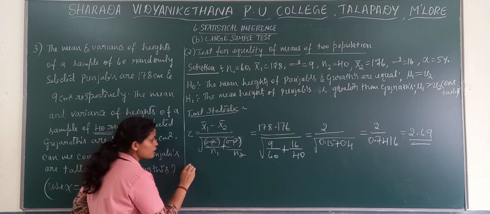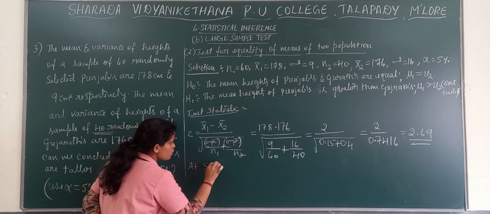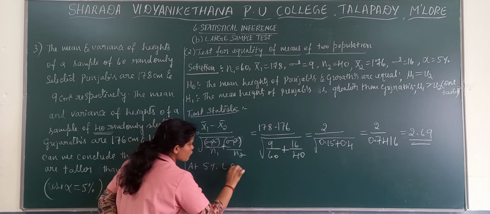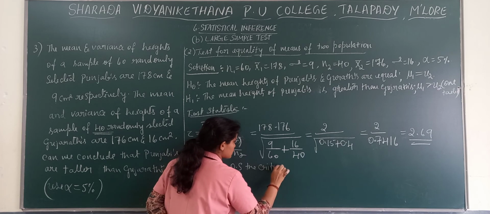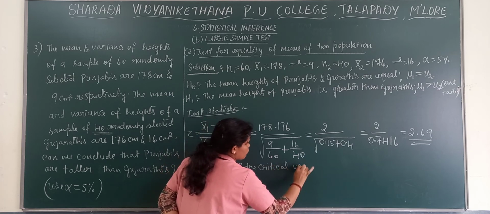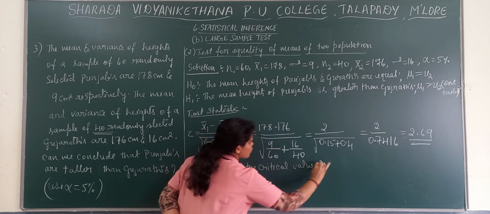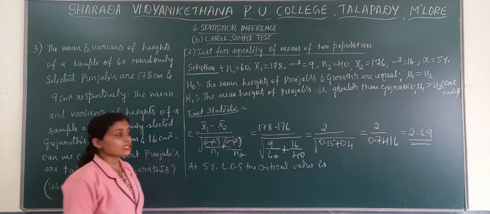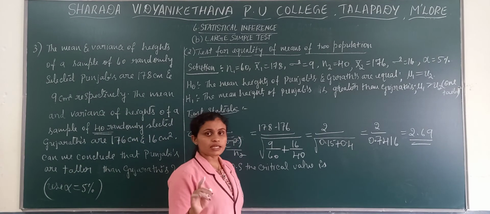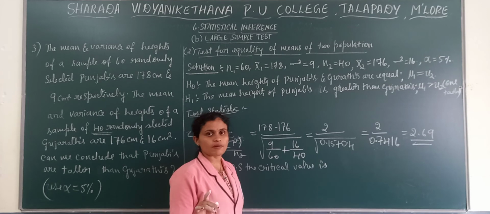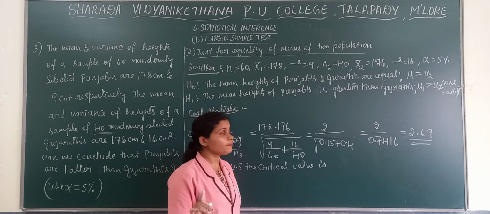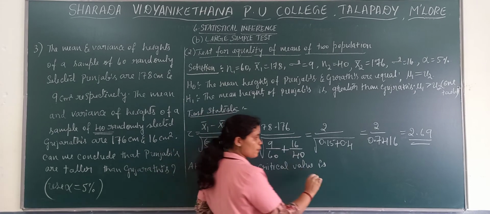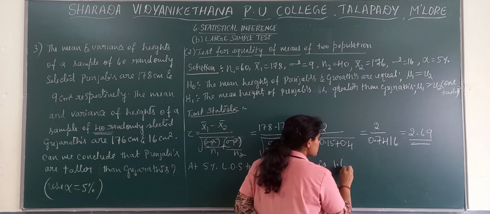Now at 5% level of significance, what is the critical value? Table value: one tail test, 5% level, you get 1.65. But here we need to take positive itself because it is right tail.